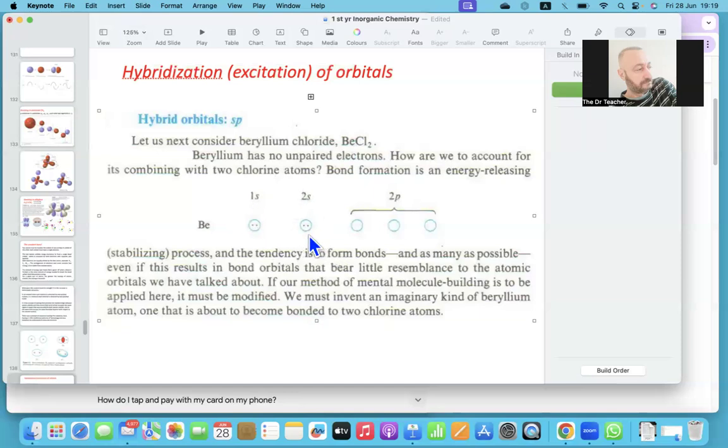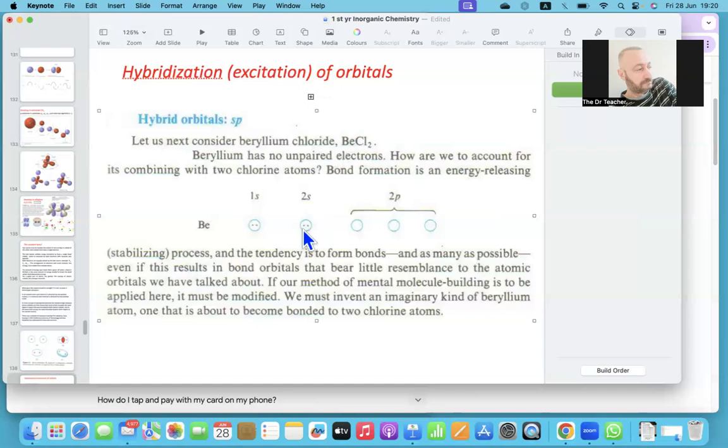We depend on the valence electrons, which are the outer shell electrons, and here we have two. So how do two chlorines come and form beryllium chloride with a pair of electrons in the 2s? That's not possible. So these two electrons should be separated. When will they be separated?